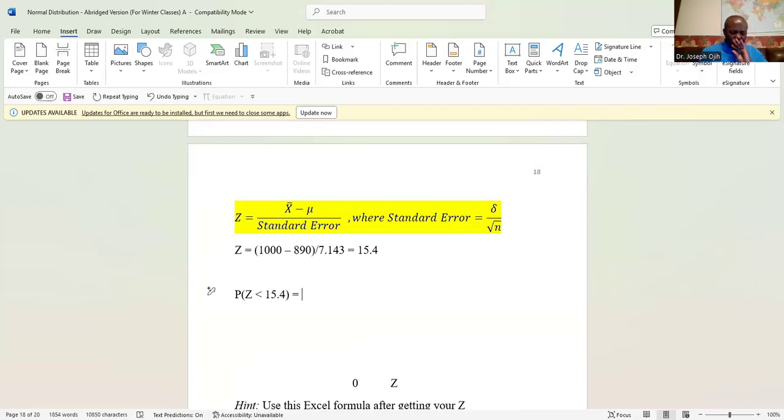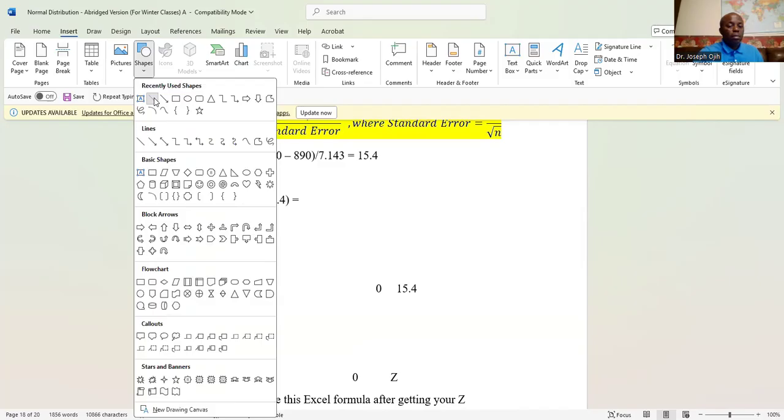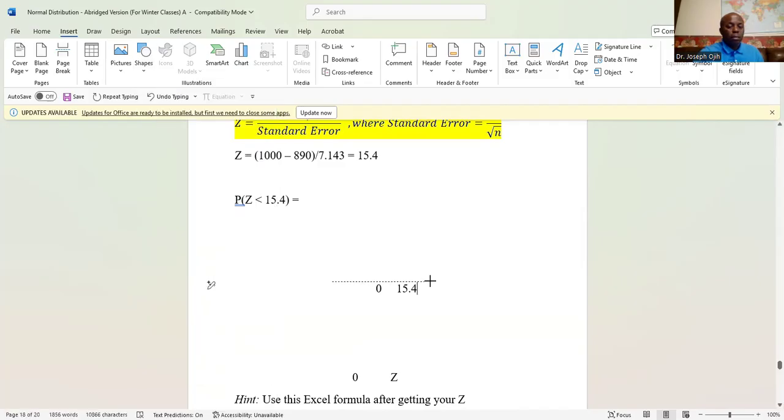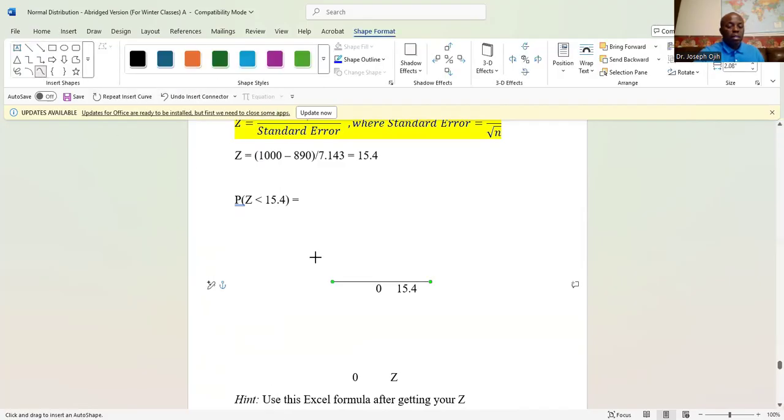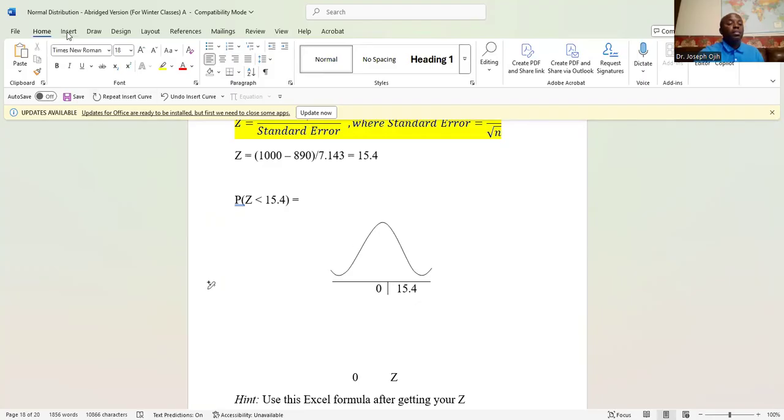So for this, excuse me, make a chart. I will help you to figure that out. 0, 15.4, and then you make the chart. I'm going to move this a little bit. I think it's good.